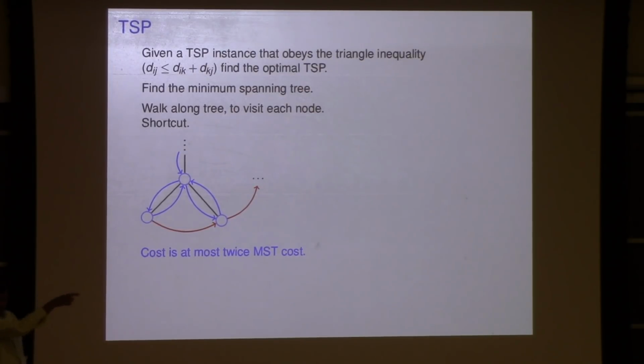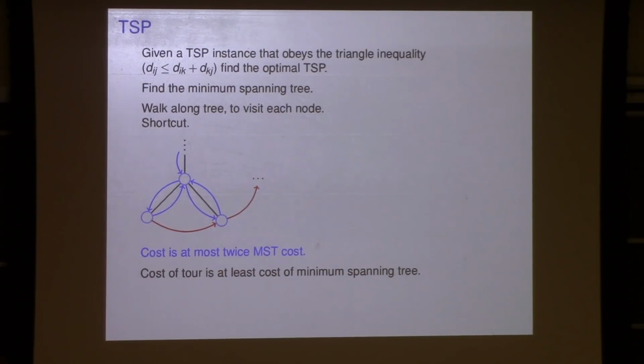If you see repeated vertices, you go to the first one that's not repeated and put in that cost. Okay? So that's guaranteed to give you an answer within a factor of 2 of the optimal tour, no matter what the instance is. It's not always that bad. It can do better. It can never do worse. Okay?